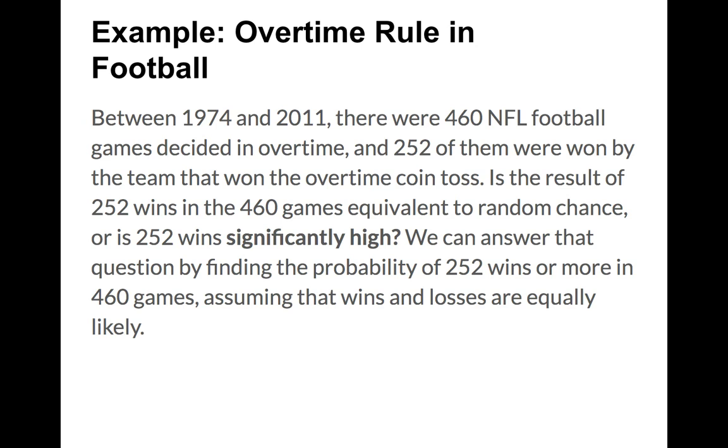Now, we want to figure out, was this significantly high? Remember, significantly high means it is outside that probabilistic range. Getting 252 wins or more in 460 games, that probability would have to be less than or equal to 0.05 for us to say this is significantly high.